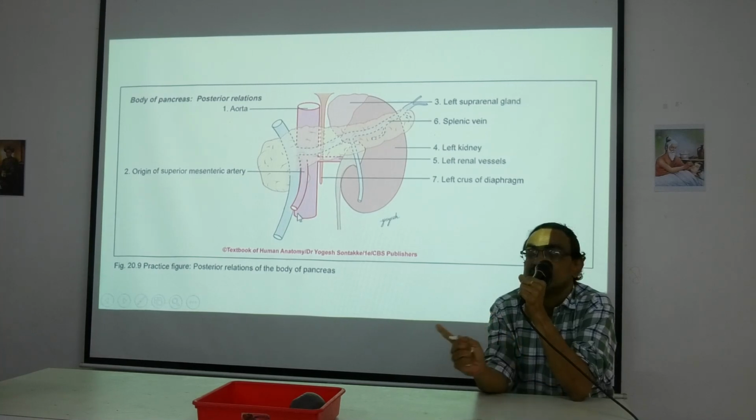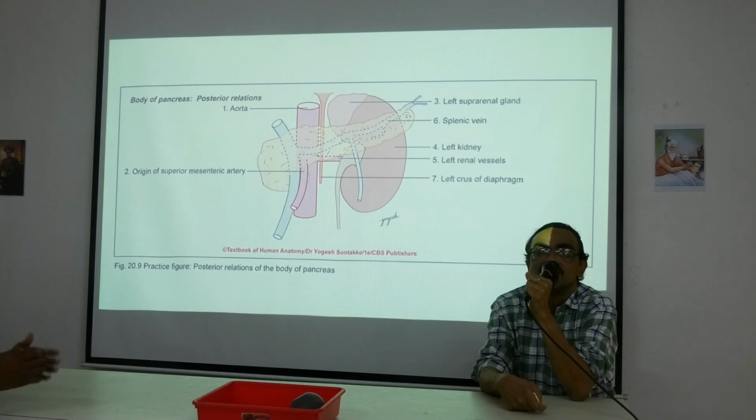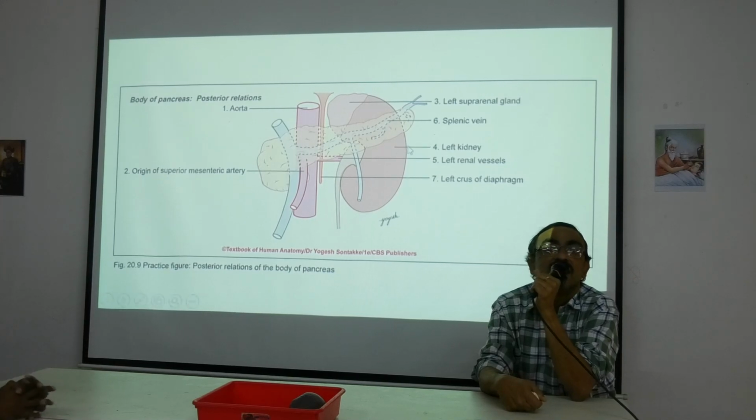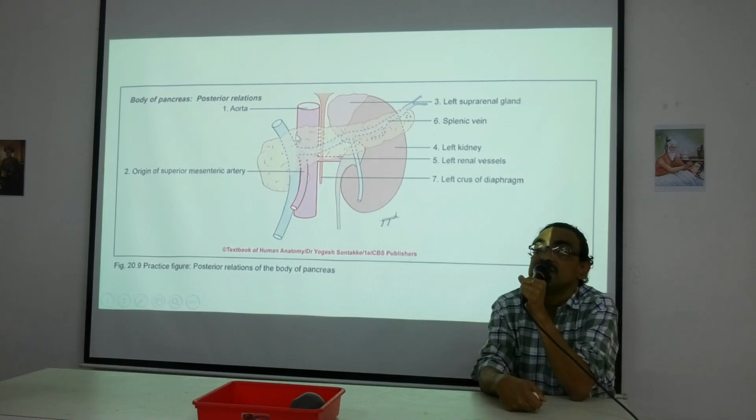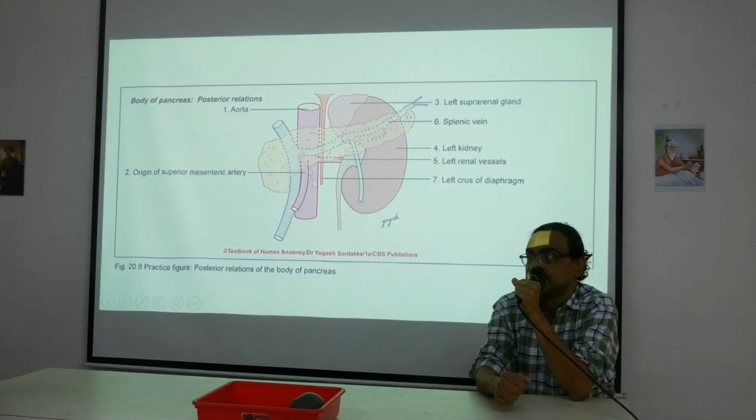We can find the vessels just over the uncinate process. They are nothing but the superior mesenteric vessels. The vein is on the right side and the artery on the left side.